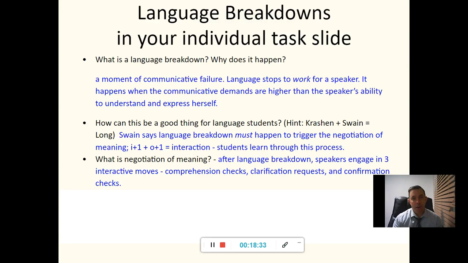After language breakdown, or you can think of it as a result of language breakdown, speakers are going to engage in these three interactive moves. You can think of them as moves. And those three we're going to talk about a bit later. That's comprehension checks, clarification requests, and confirmation checks.